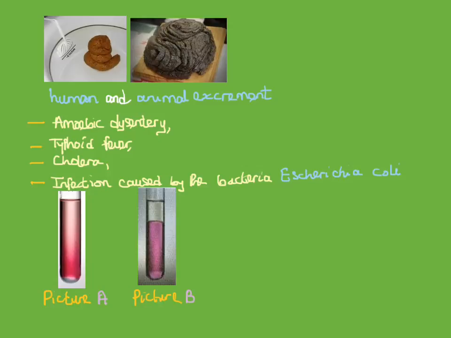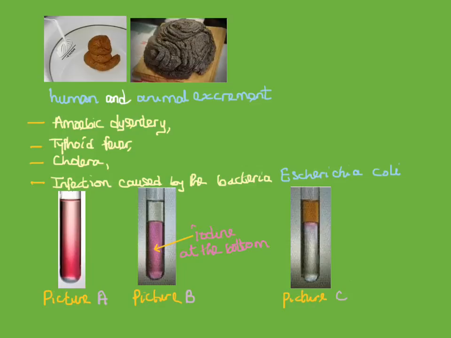In picture B, the iodine settles at the bottom of the test tube. Looking at the test tube, you will notice that the iodine is at the bottom. It doesn't mix with the liquid present in the test tube. Therefore, iodine is 10 times more soluble in cyclohexane than in water.